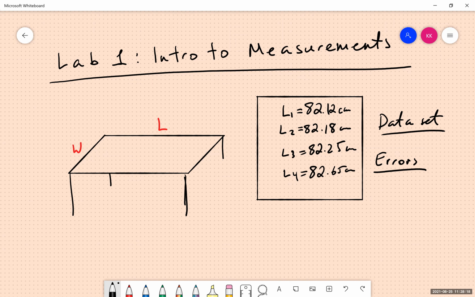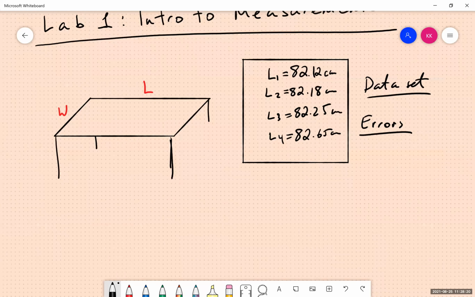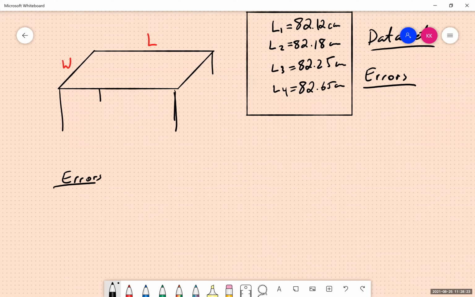And there are 2 types of errors. So let's look at errors. There are 2 types. We have random errors, which are generally human-made errors. And there's also systematic error.